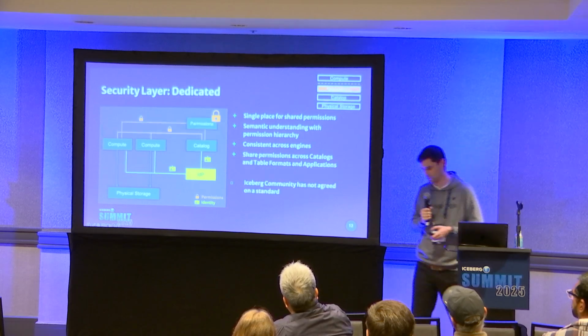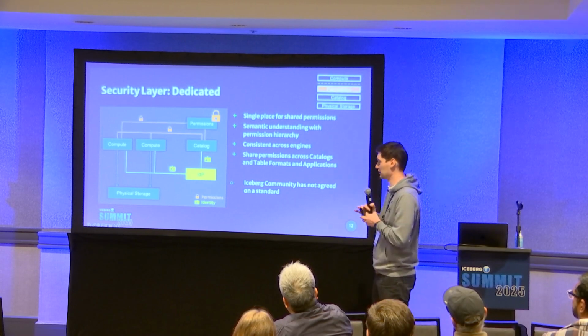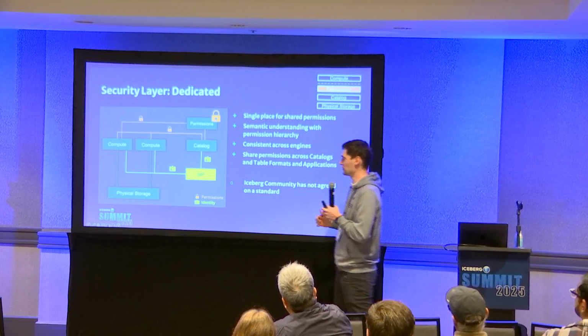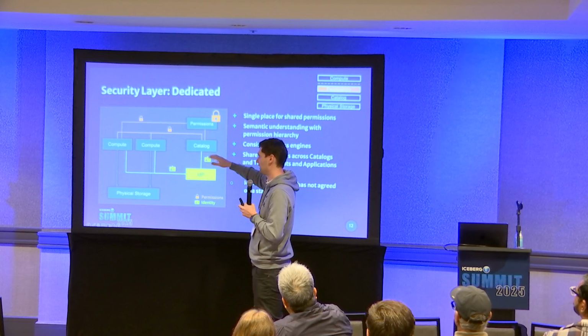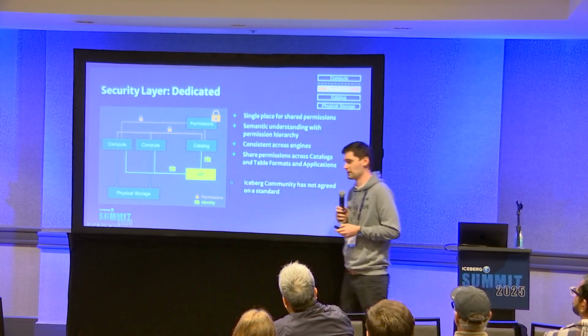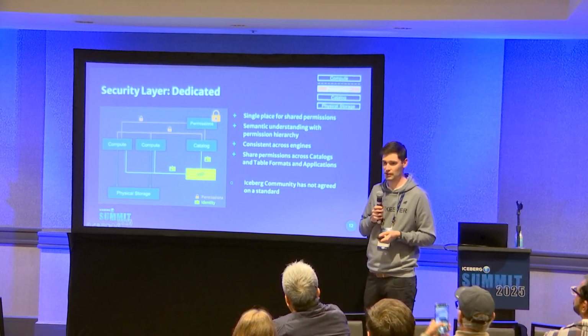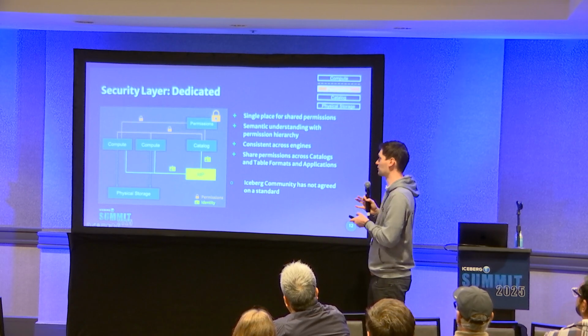We can also go one level further, which is having a dedicated permission system in which we store our permissions, to which both the catalog and different query engines can connect. This is how we set it up with Lakekeeper, but it's not absolutely required to do it that way.